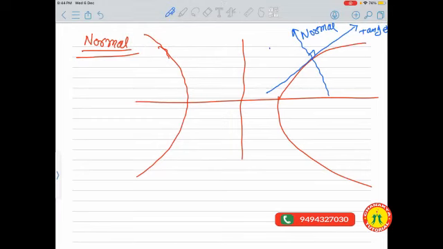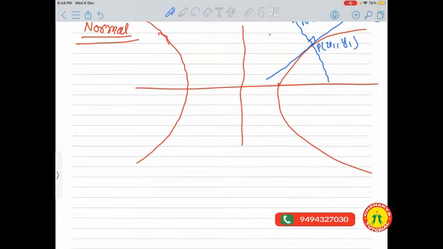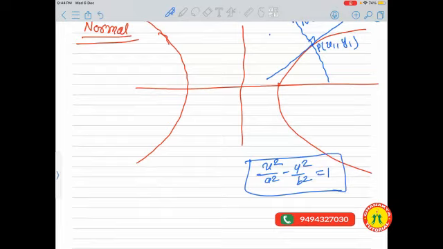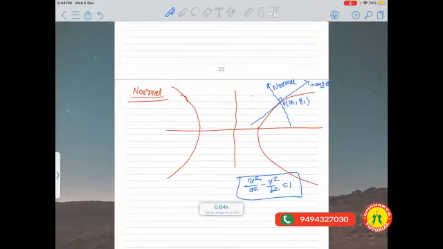So let the point of intersection जहाँ पे tangent है, P point x1 comma y1. And so we can write the equation जो है x square by a square minus y square by b square equal to 1. So we need to find the equation of normal.